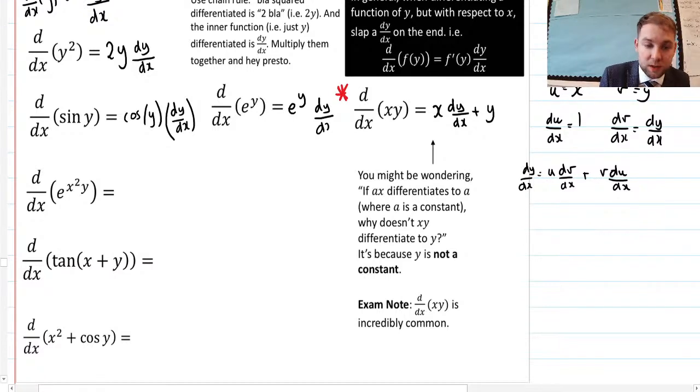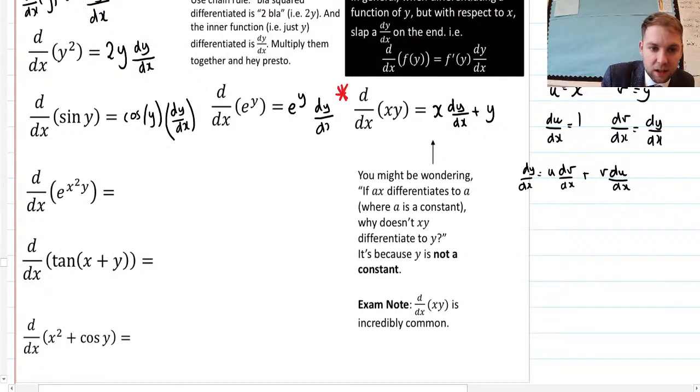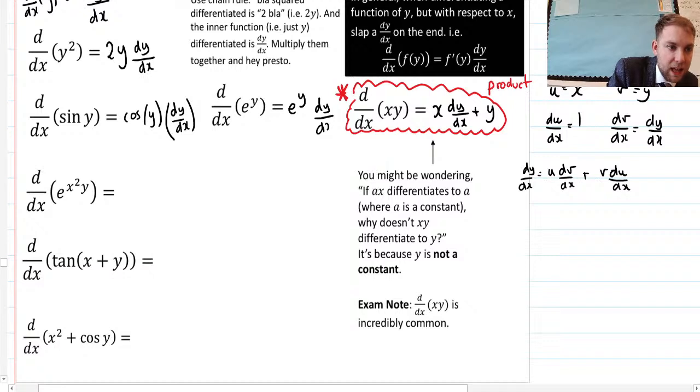Now these come up all the time, and you've got to be really confident with these. So here, when I differentiate this, you've got to use the product rule. I'm just going to make that really clear. And these ones over here, I need to use the chain rule.